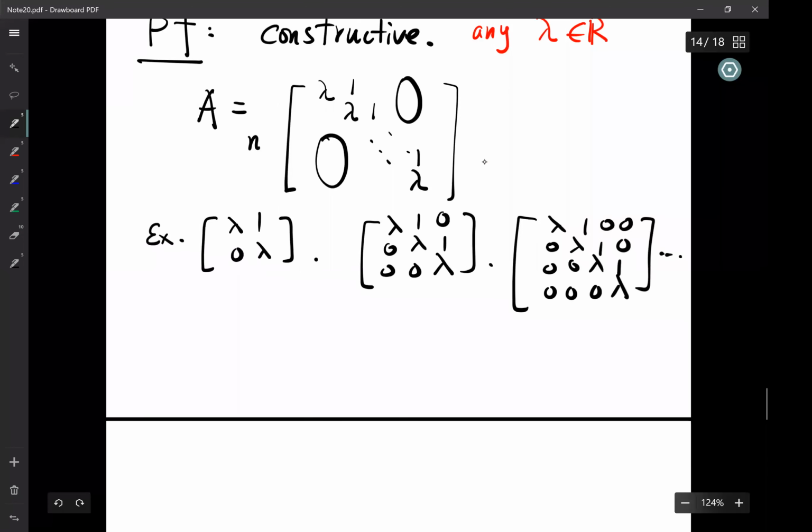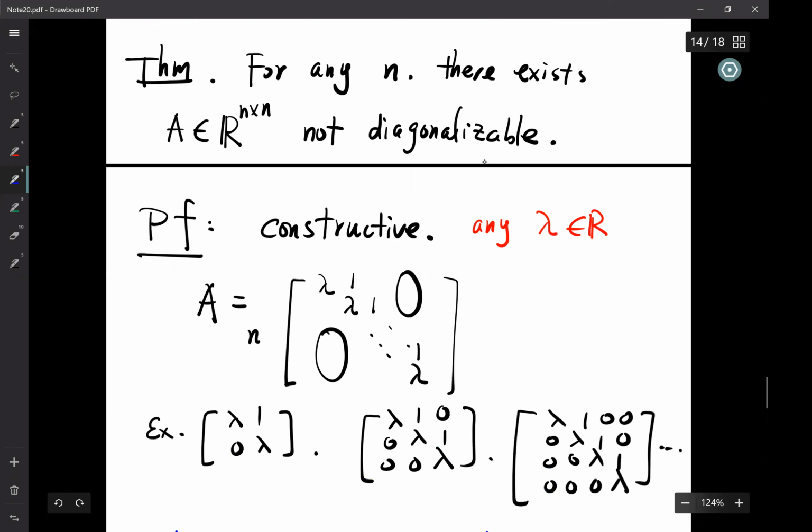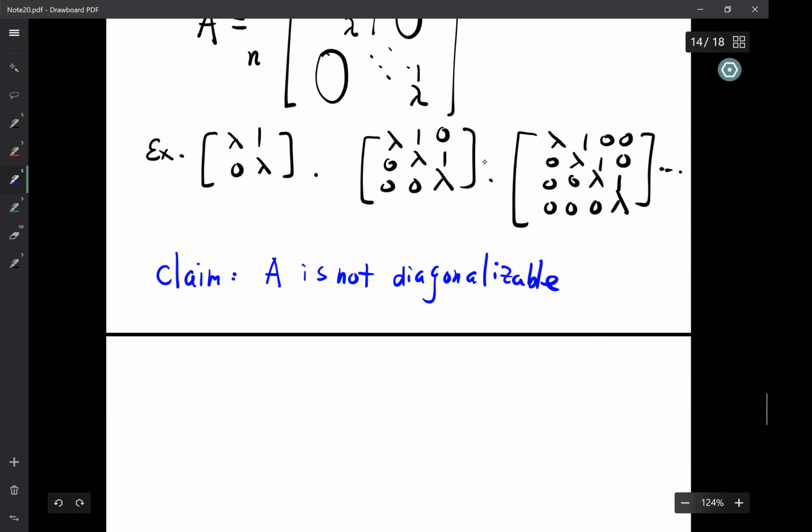I claim this is not diagonalizable. If the claim is true, because the dimension n is arbitrary, I've proved the theorem. I just found this A.